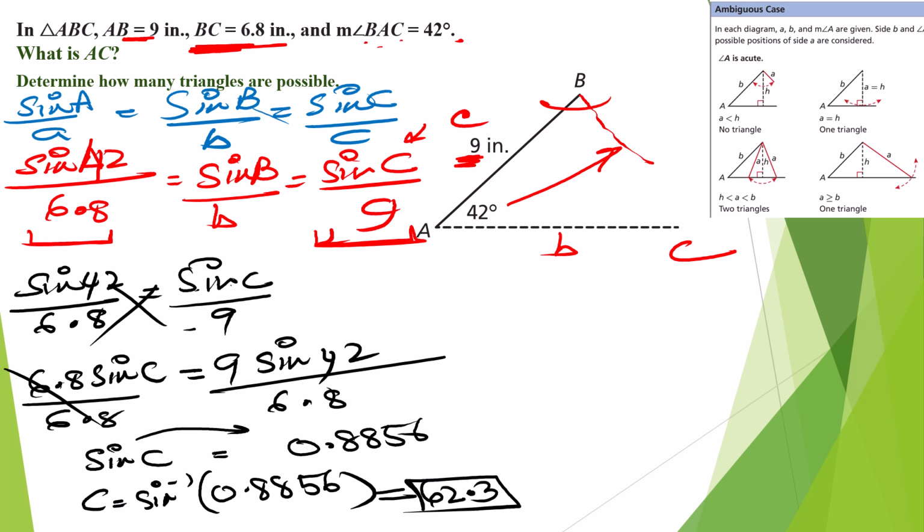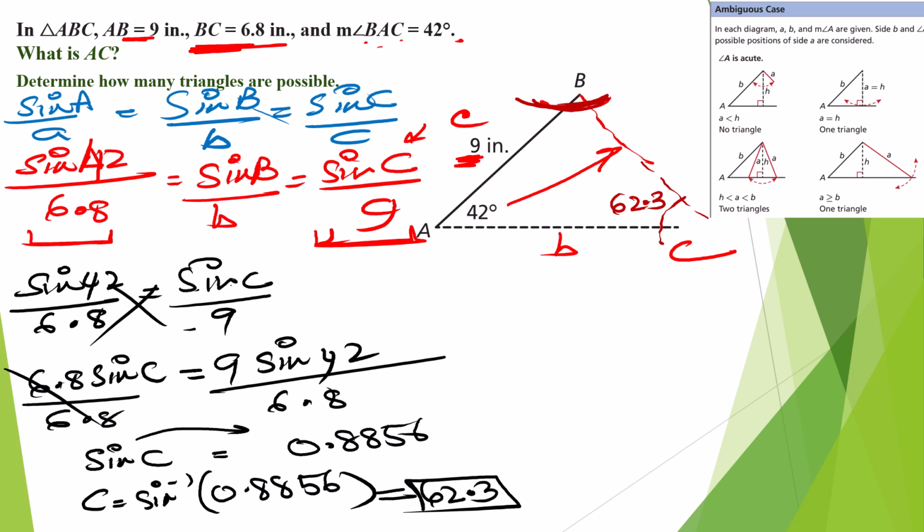Now what do we have to do? We already have found angle C, so it's 62.3 right here. So now let's try to find this angle B. If this is 62.3, how much is this equal to?